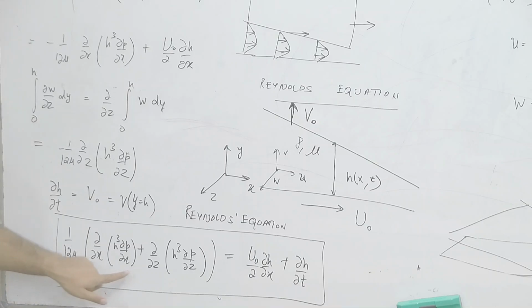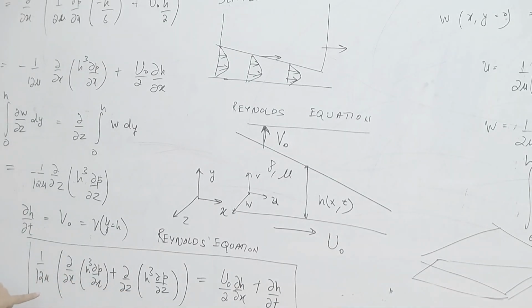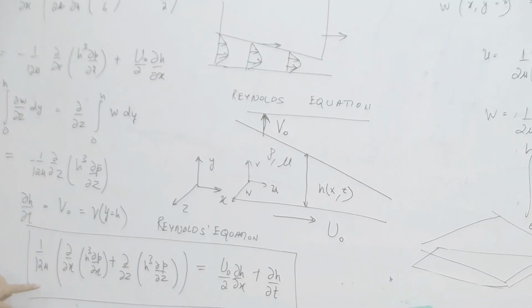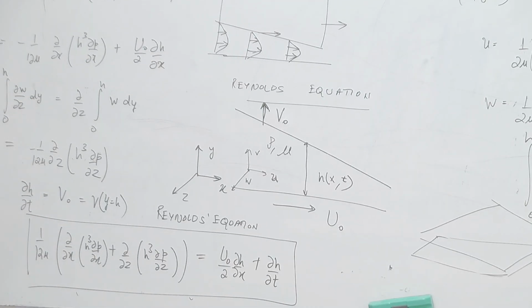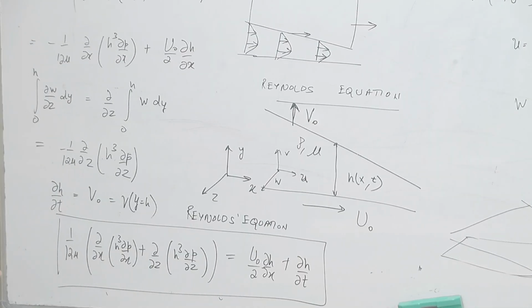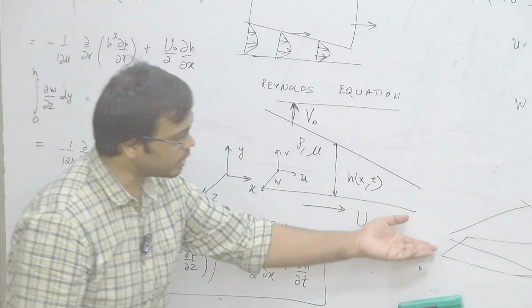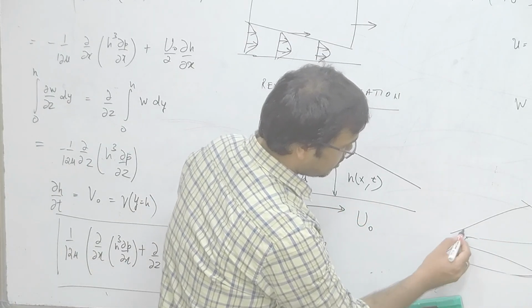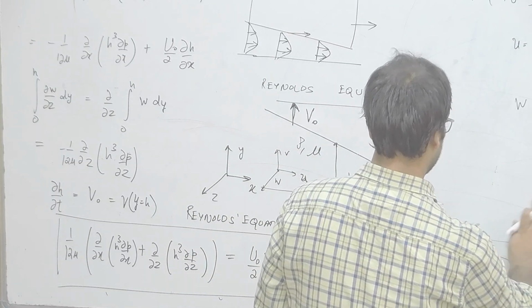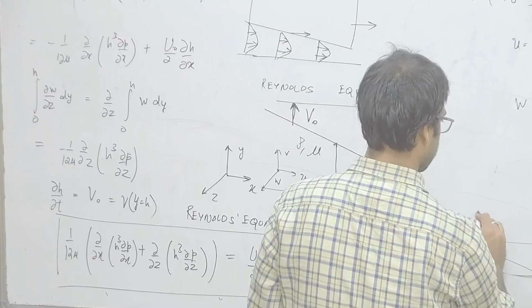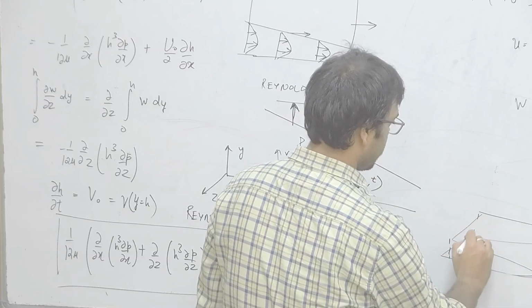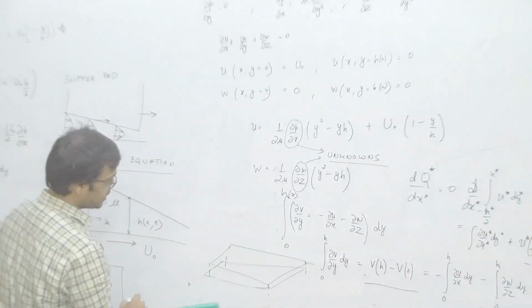As you will notice, this is a second order PDE for pressure in x and z. So, that means to solve for the full pressure variation, you need two boundary conditions in x, two boundary conditions in z. So, in this kind of a case, these are your boundaries.